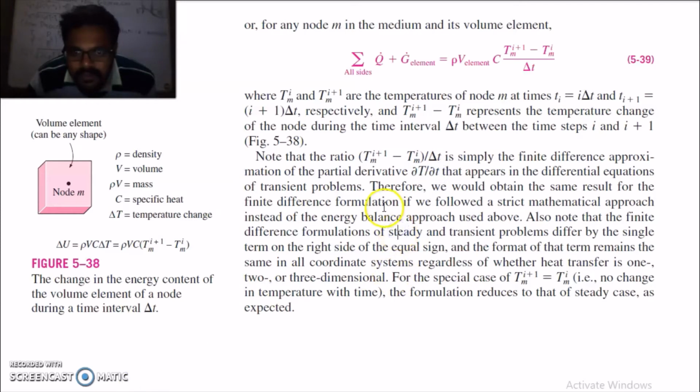This equation is also valid for two and three dimensions. For the special case of T_m^(i+1) equal to T_m^i, meaning no change in temperature with time, this term will be eliminated and the equation becomes steady state.